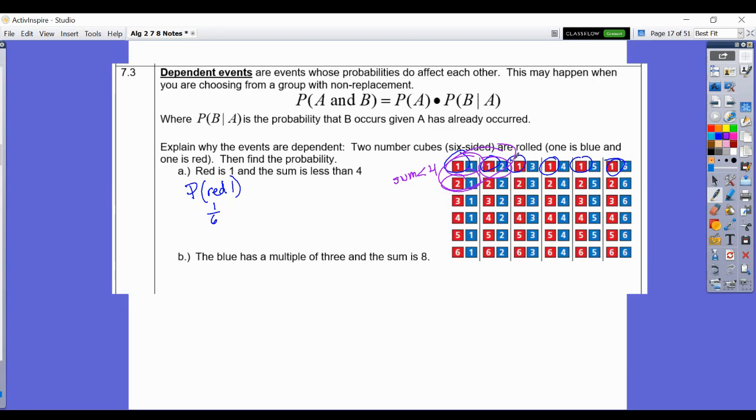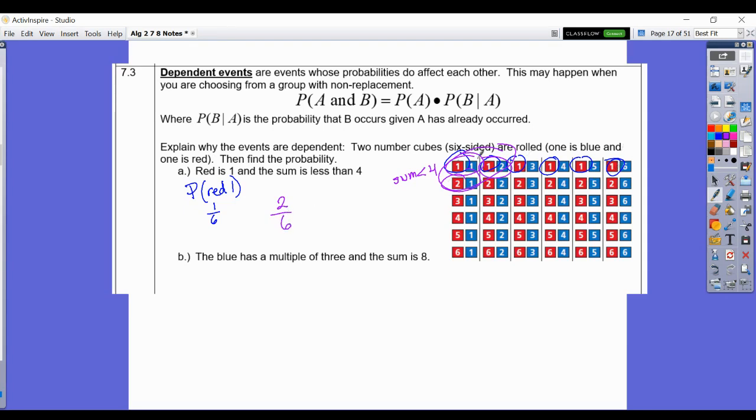But I already counted some of those because they're red 1s. So what I need here is, given that we already have a red 1, how many of these have a sum of less than 4? Out of these, there are 2 of them with a red 1 and less than 4. So there are 2 out of the 6.